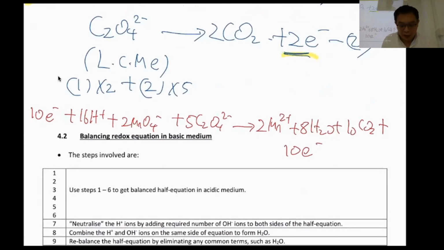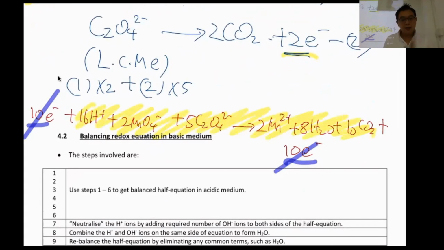Now look very carefully. 10, 10. So chemistry is like that. They like to simplify it. I don't want the 10 because you can shift the 10 over to the right, you subtract it, and your leftover equation should be the one that I highlighted. Just need to write down the final equation in this manner, more than sufficient. And here we go. We finished the acidic medium equation.